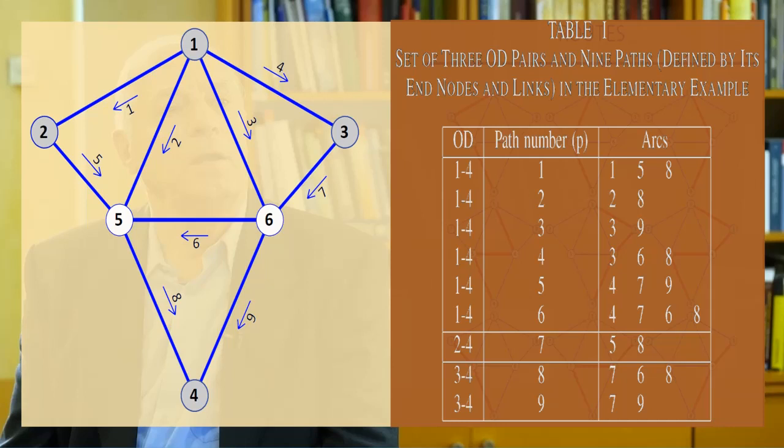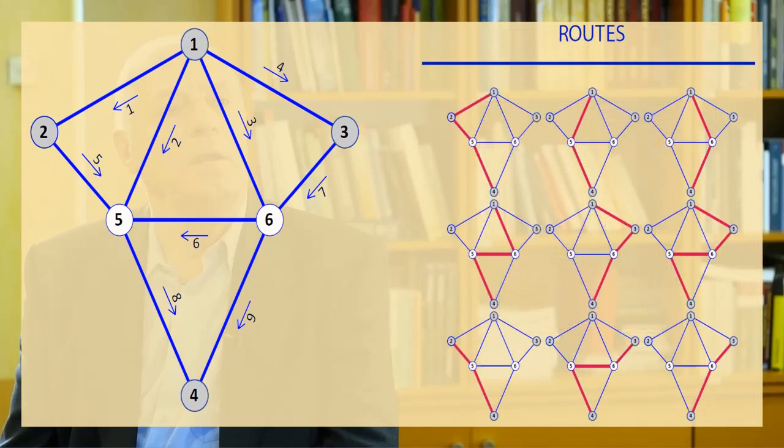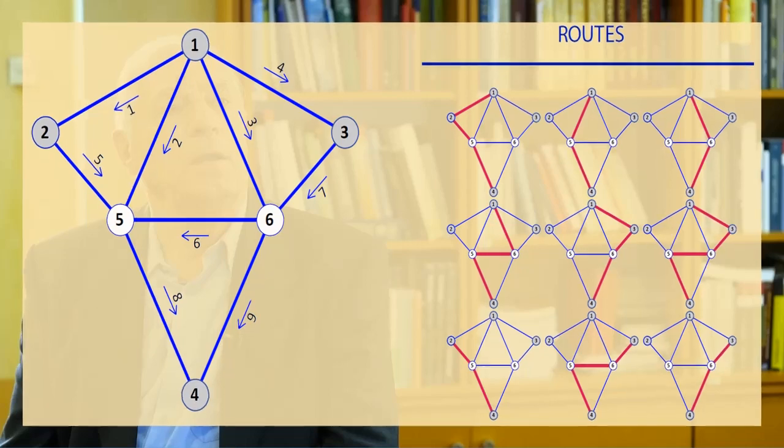The paths are defined using the associated links. For example, path 1, which is one of the 1-4 pair, contains links 1, 5 and 8, and path 8, which is one of the 3-4 pairs, contains links 7, 6 and 8. All the paths have been highlighted in red in the right part of the figure, where you can see all the paths.